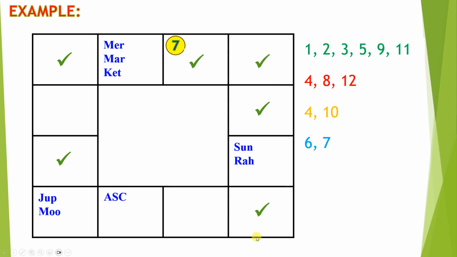So the third, fifth, seventh, eighth, ninth, and the 11th bhava from the Lagna will support the 7th bhava, that is the marriage.